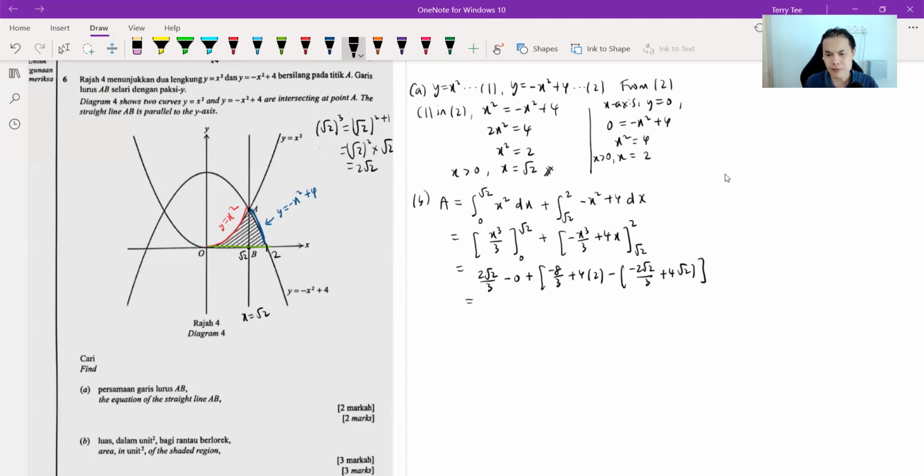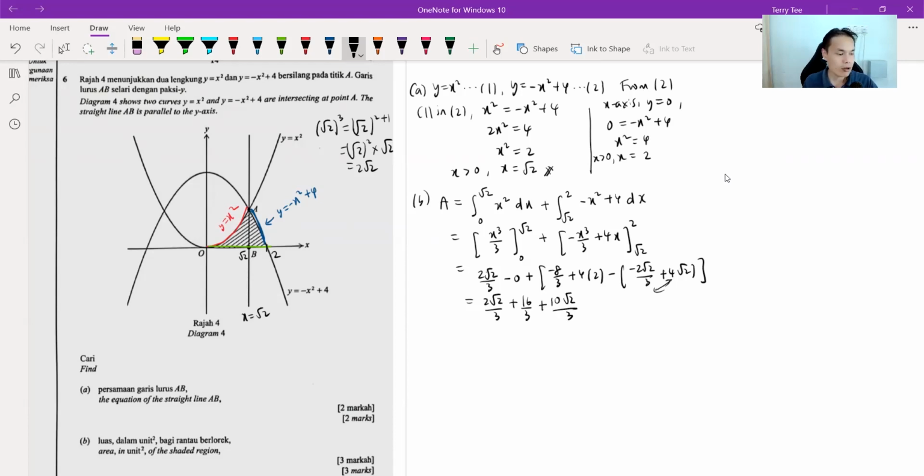There are too many things to simplify, so let us just do one by one. 8 times 3 is 24, 24 minus 8 is 16, so this is 16 over 3. Then 4 times 3 is 12, 12 minus 2 is 10, so it's a plus 10 Surd2 over 3.